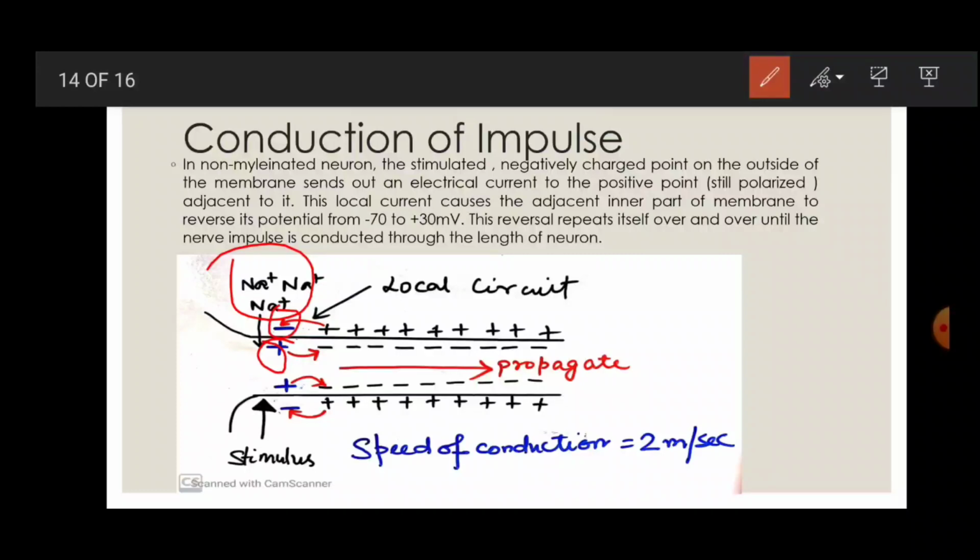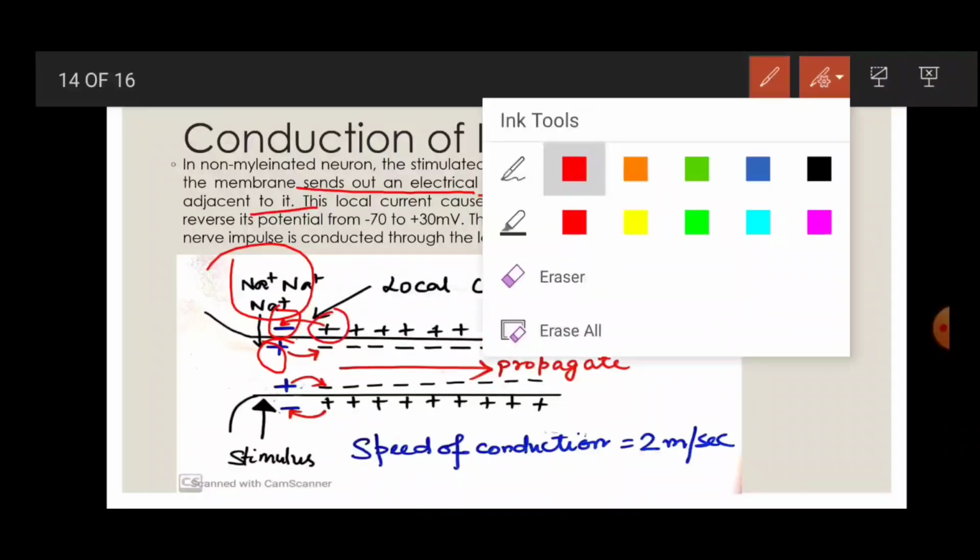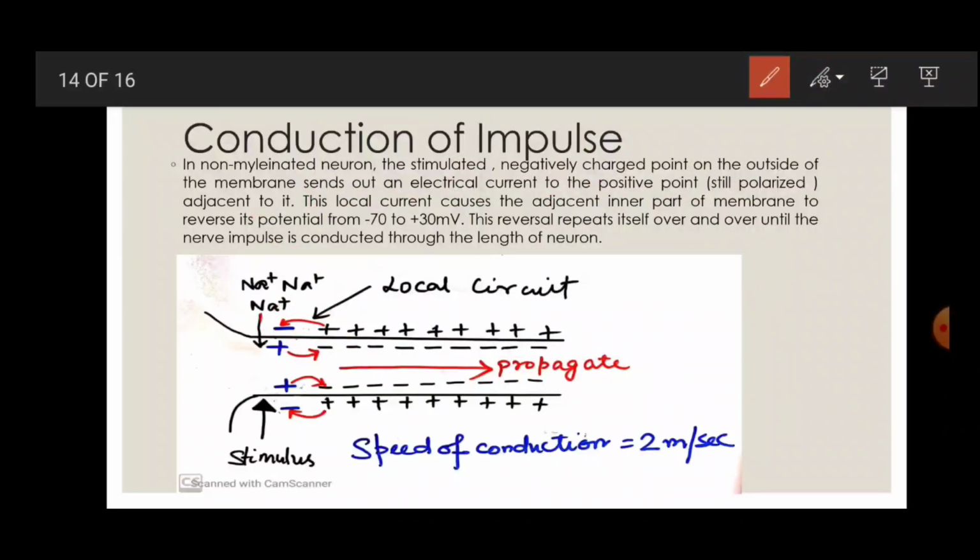This negatively charged point on the outside of the membrane sends out an electrical current to the positively charged point adjacent to it. In this diagram you can see the arrows.